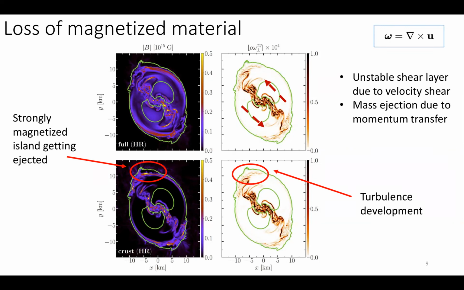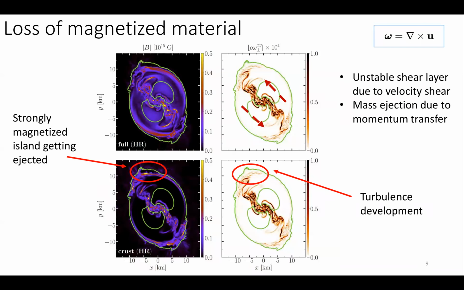I'm trying to show this in these two plots over here, where you can see, for instance, strongly magnetized islands at the outer boundaries of the newly forming hypermassive neutron stars. And just shortly after the snapshot, it's exactly these low density regions where most of the magnetic energy is concentrated for the crust case, which get ejected violently just due to dynamical ejection.